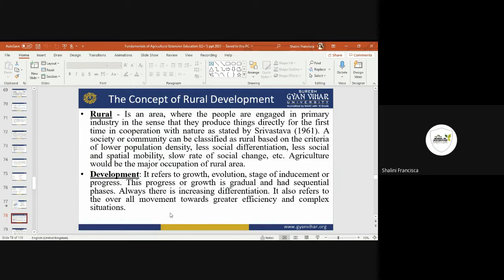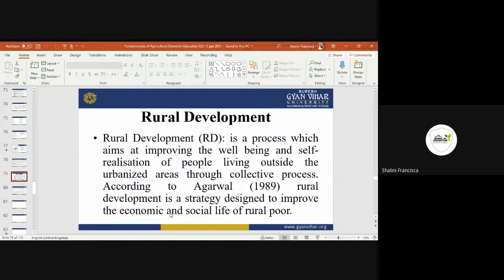So it's not like what was developed 10 years ago is continuing; every moment it is developing. So it is progressing, new things have been introduced. It also refers to the overall movement towards greater efficiency and complex situations. So greater efficiency is required for this, and sometimes we have to go through complex situations. So all these things are termed as development.